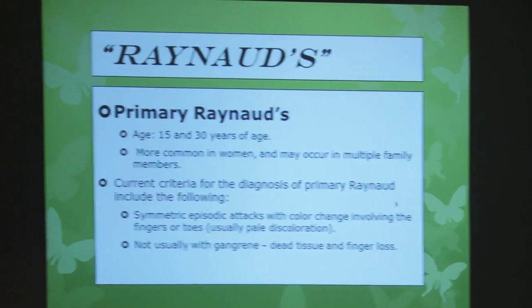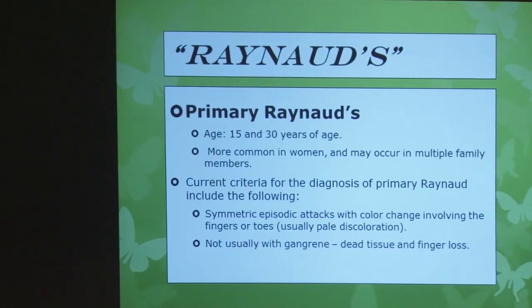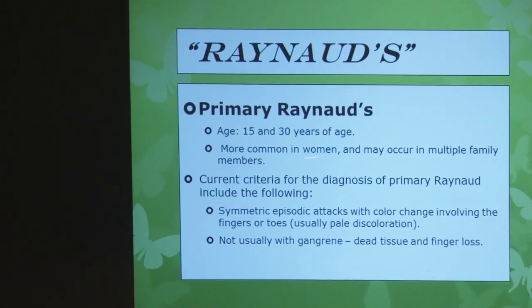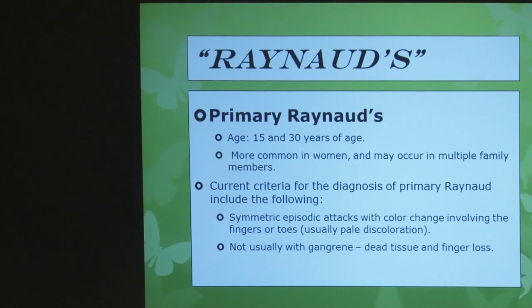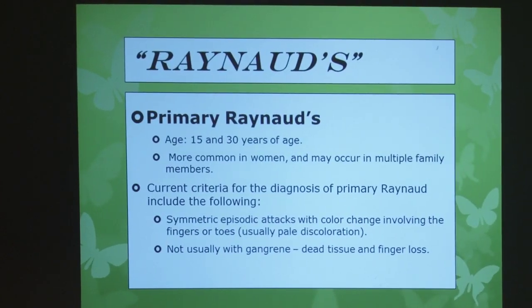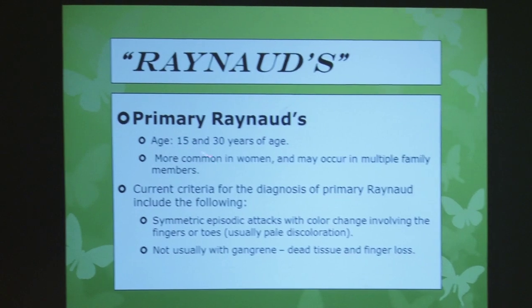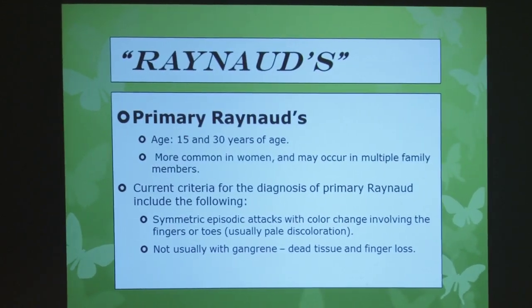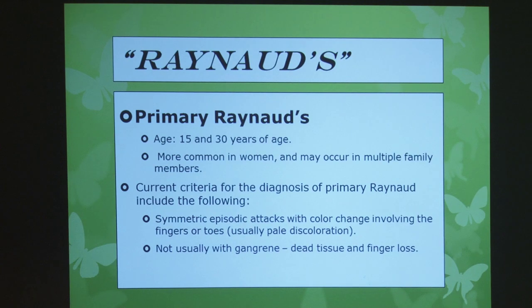So primary Raynaud's usually occurs between the ages of 15 and 30 years of age. It's more common in women. Raynaud's in general is more common in women, both types. And it may occur in multiple family members. Again, this is primary Raynaud's. This is an unknown reason of why these attacks occur. For primary Raynaud's, what we like to define as symmetric episodic attacks with skin color change, and that's usually pallor, so it's white, blanching color of the skin.